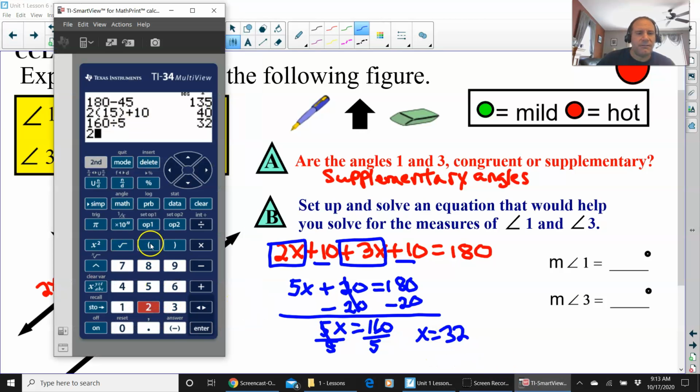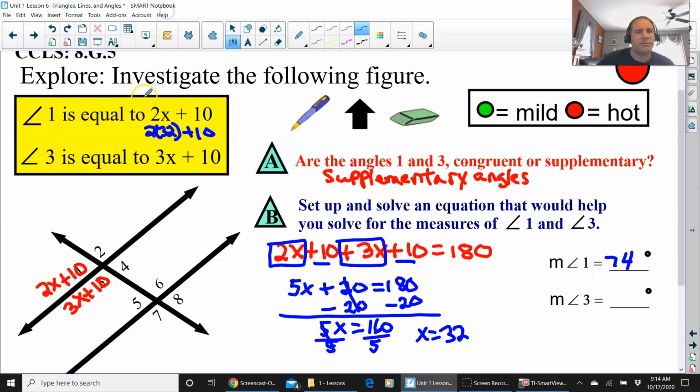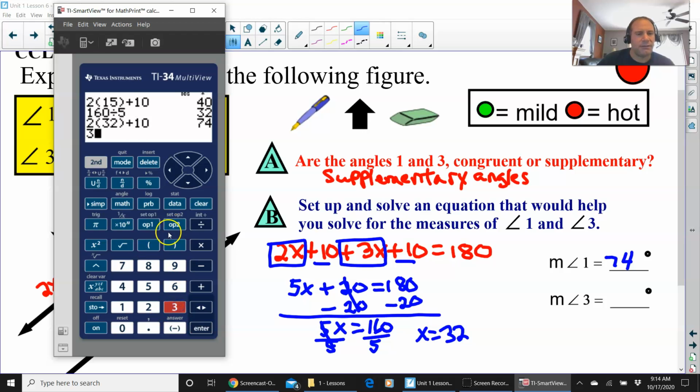Even if you could do it in your head, get used to using that calculator, get used to using the parentheses to show substitution. 3 times 32 plus 10. Again, I'm going to grab that calculator. 3 times 32 plus 10. 106.